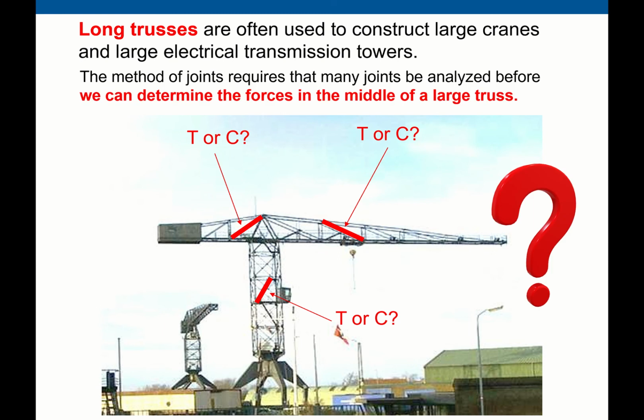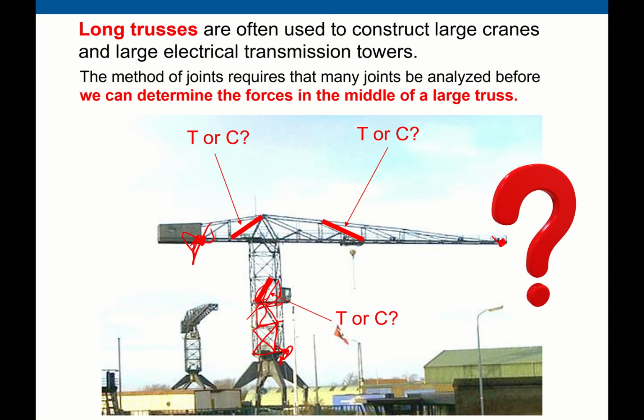It's really hard to find if we use the method of joints, because when we use the method of joints, we can pick a point from the end point, or here, here, right here. So we can start all the way and go up and down, up and down, up and down, and we can find whether this one is in tension or compression.